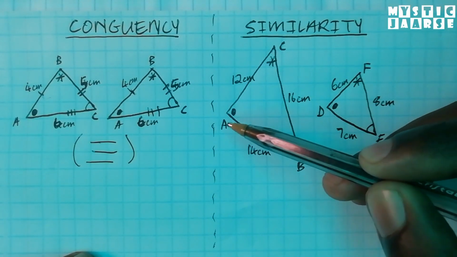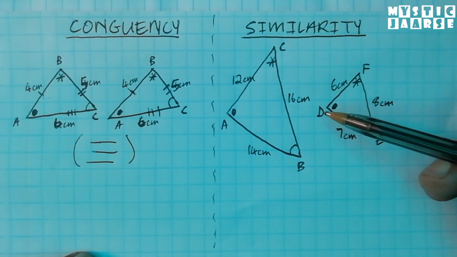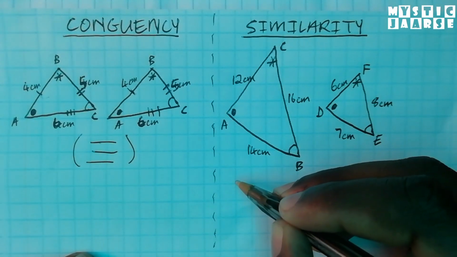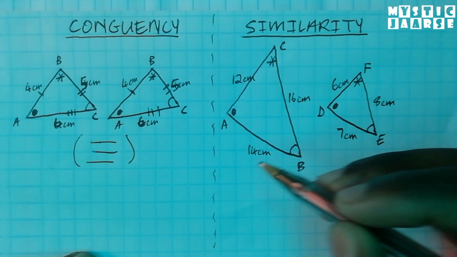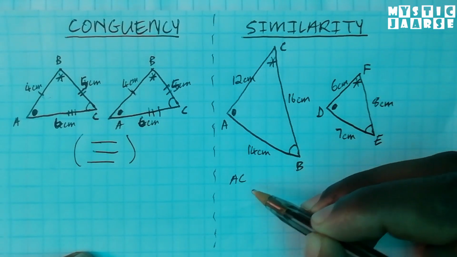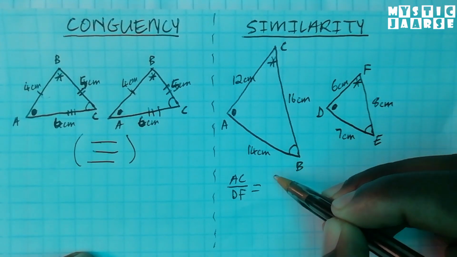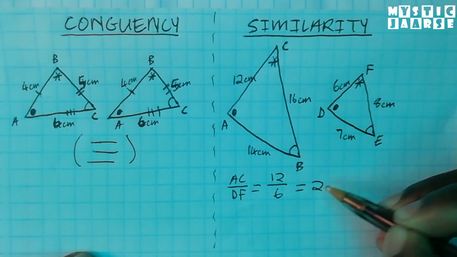When you look at side AC, it corresponds with side DF, right? Now, what do you get when you divide AC by DF? You get 12 divided by 6, right? Which is equal to 2.